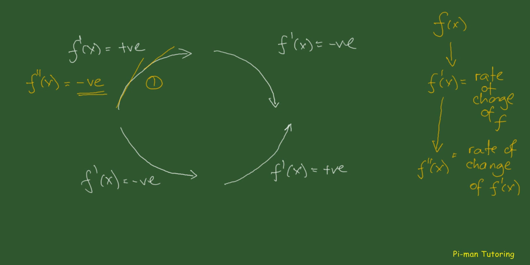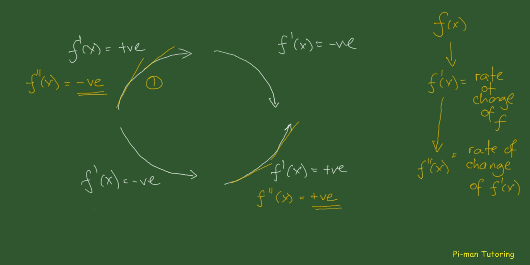Less positive means negative. Down here in the bottom right quadrant, things are getting steeper. So if we took the second derivative down here, we would find that it is positive. Here's the slope at one value of x, the next value of x, it is bigger. And so the slope is increasing, positive.